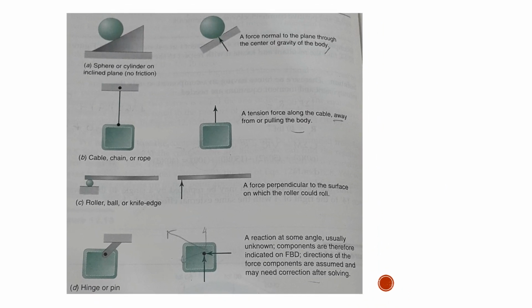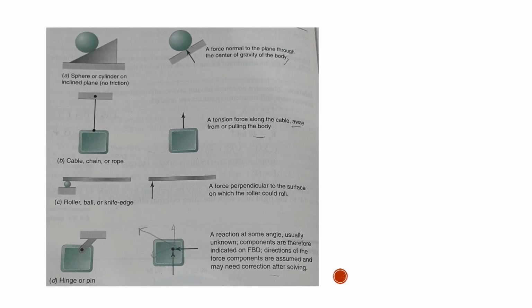Let's recall certain situations and which directions the force is going to be at: upward, downward, left, right, or at some angle. For example, you have this one box, and this box is going to be your main character. When I say main character, it means you need to find all the forces acting on the main character. Then you have the inclined plane.